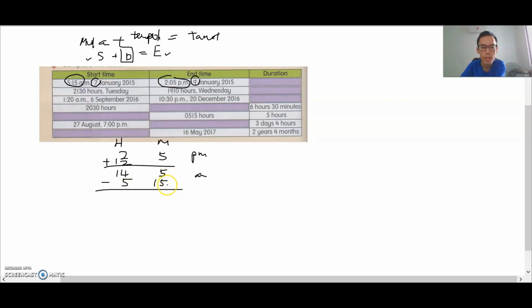Okay, 5 cannot minus 15, so we borrow 1 hour. Pinjam 1 jam. So 14 becomes 13. Now 1 hour is 60 minutes, right? So when you borrow 1 hour, you need to plus 60. So 5 plus 60, you get 65. So 5 becomes 65.